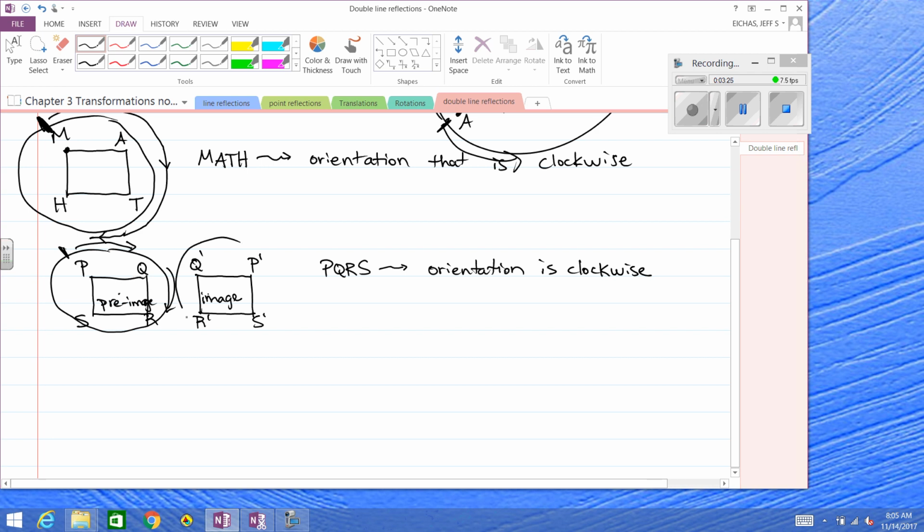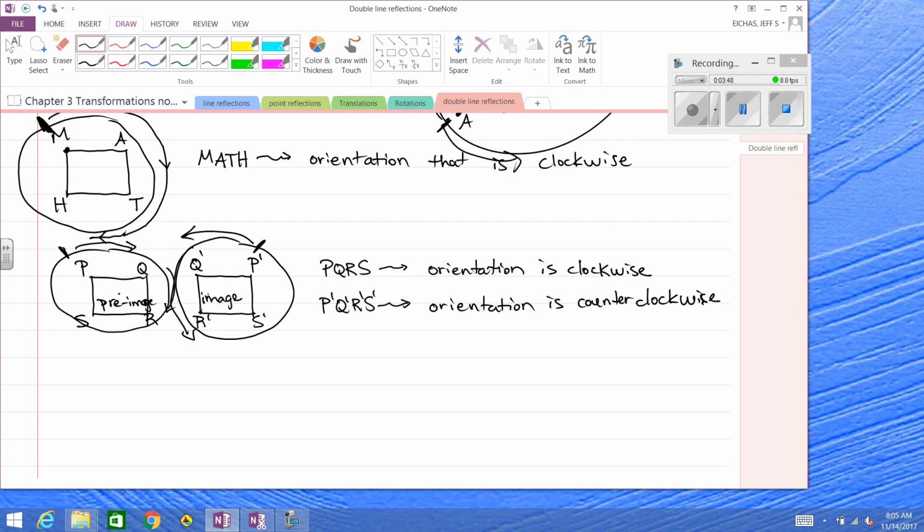Now if we circle the image and go P prime to Q prime to R prime to S prime, it looks like the orientation is counterclockwise. Right away, we know that at least one line reflection was performed, because the orientation was switched.